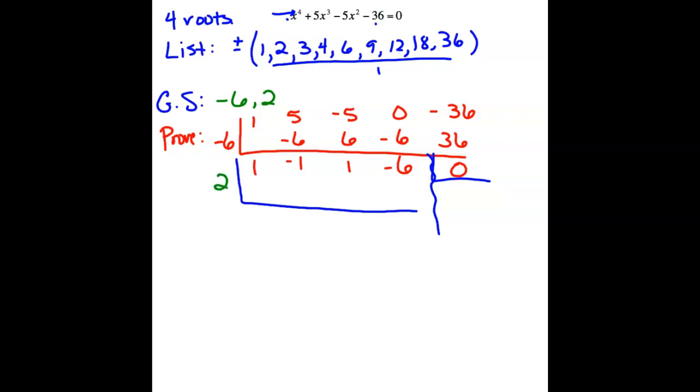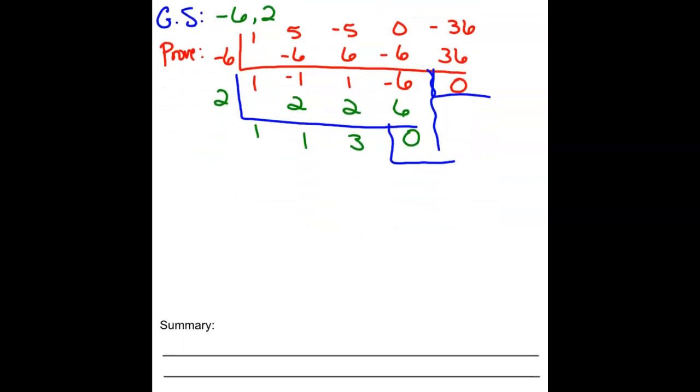Now I'm going to try the 2, multiplying, adding, multiplying, adding, multiplying, and adding. Again, I'm getting 0 remainders, so I drop that off. And I'm looking at my remaining polynomial. This time I have 1x squared plus 1x plus 3.